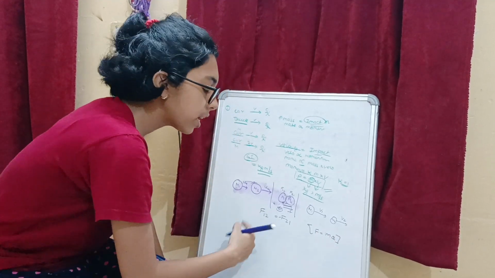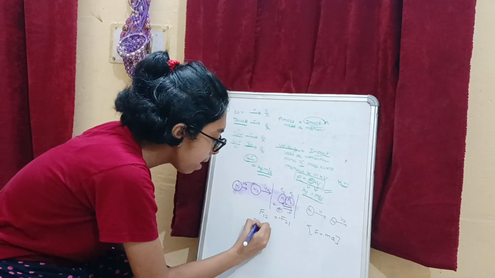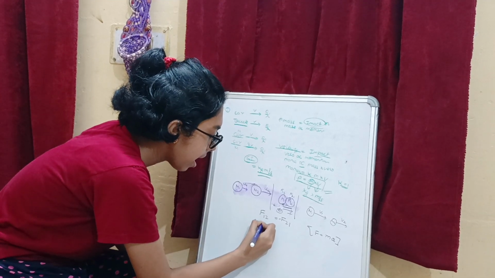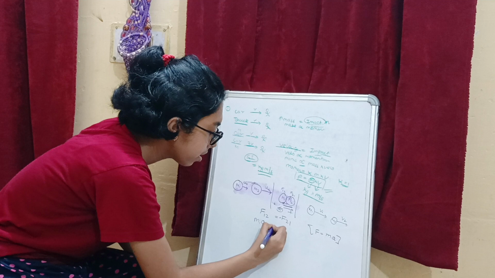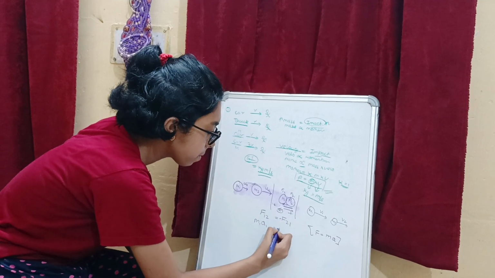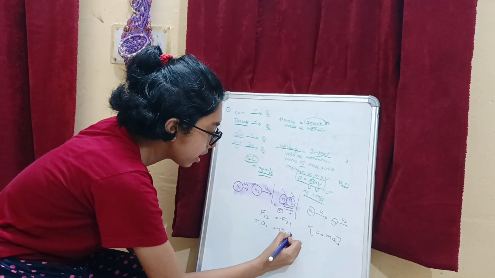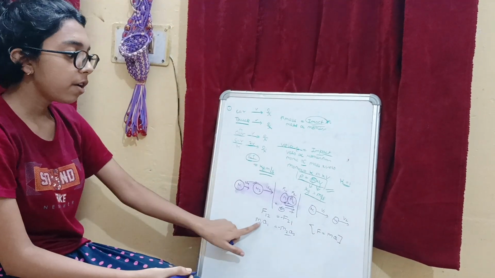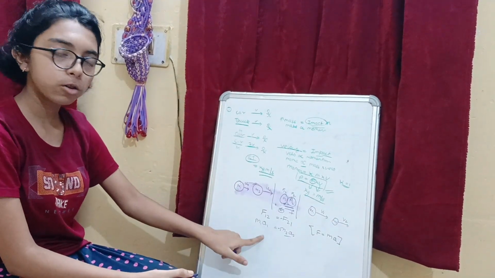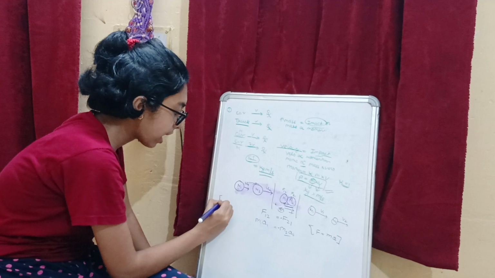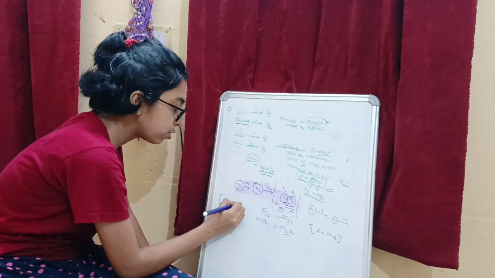So here we can write m1 a1 equals minus m2 a2. Now here we can see acceleration can also be written as v minus u upon t.